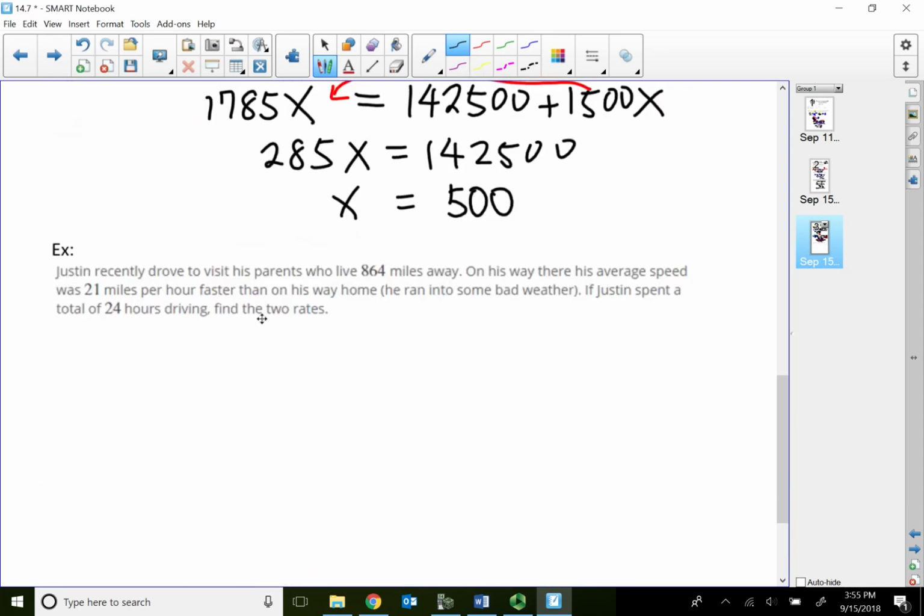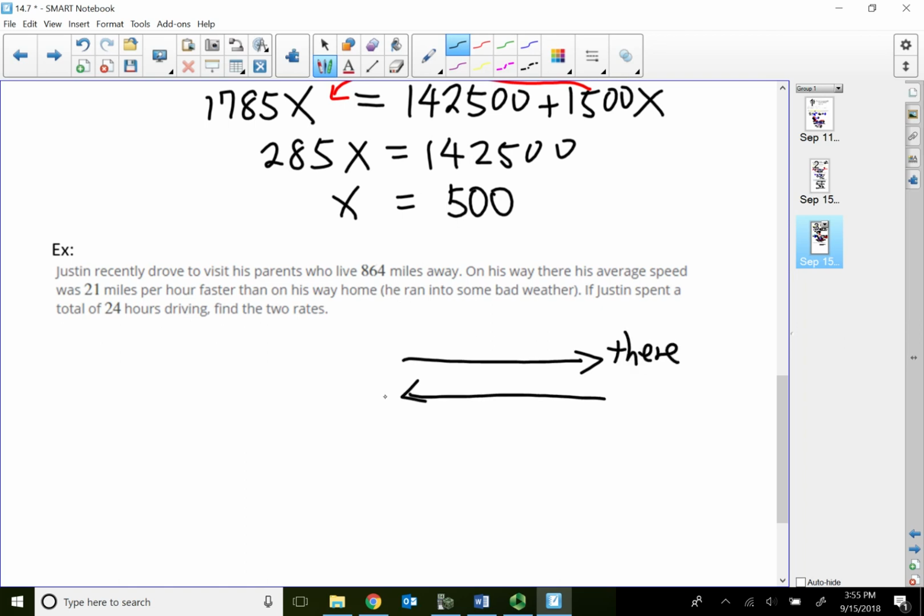This is very similar to going somewhere and coming back. Justin recently drove to visit his parents who live 864 miles away. On his way there, his average speed was 21 miles per hour faster than his speed on the way home.